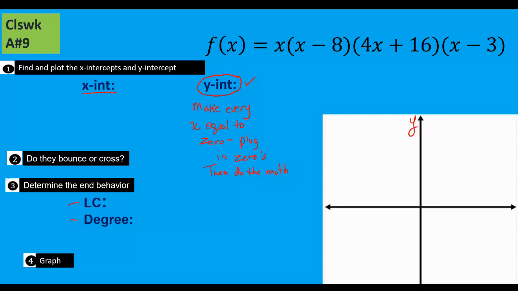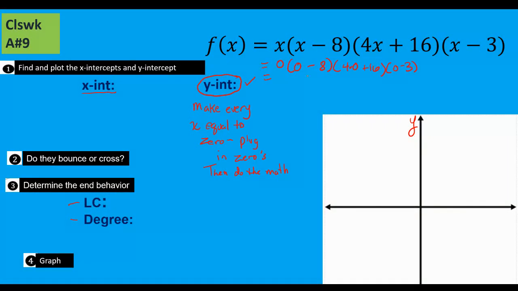That'll be where on the graph to put a dot for where the graph will go through the y-axis. So 0, 0 minus 8, like in a 0 here, so that would be 4 times 0 plus 16. And the last one, 0 minus 3.